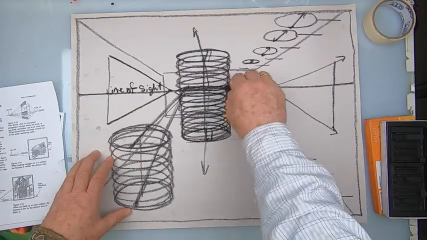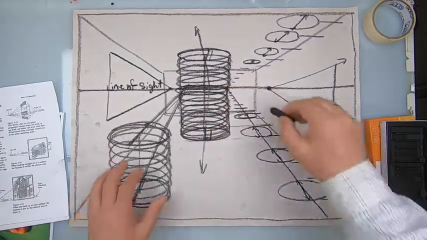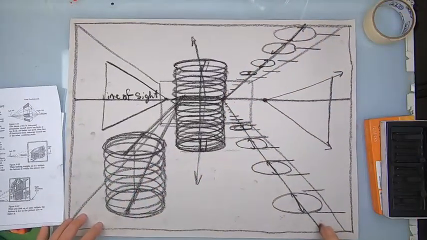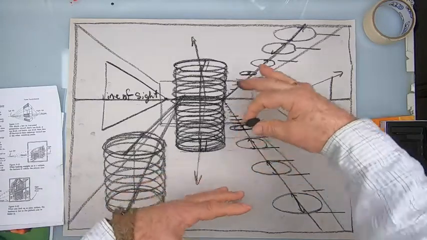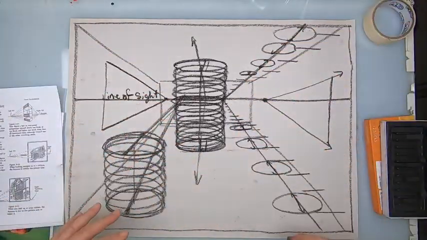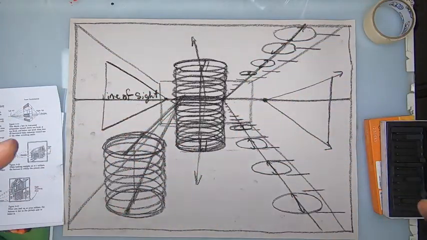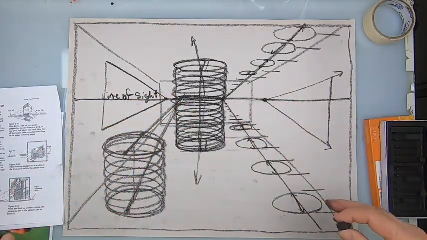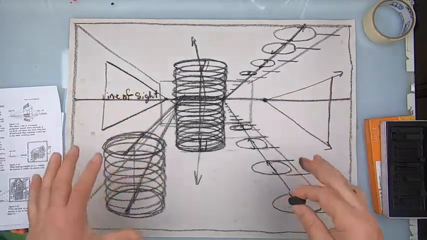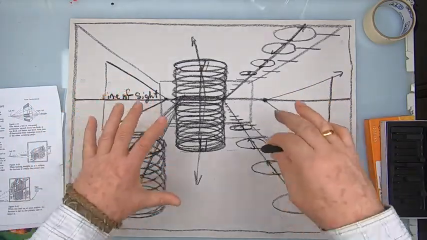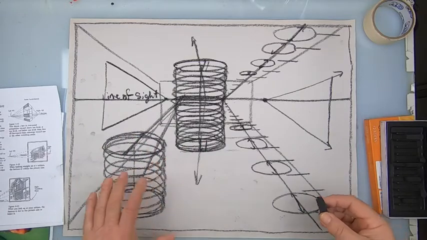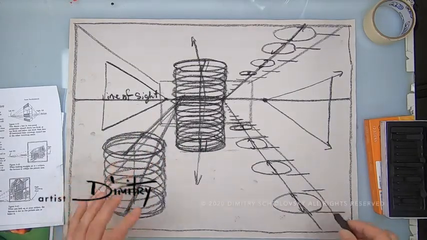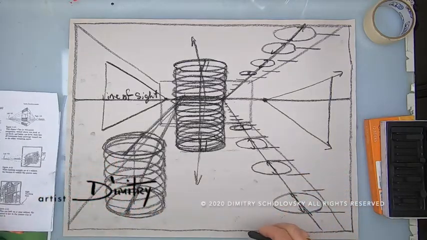All going to the infinite vanishing point. So you get the idea how the space opens up as it comes closer to us, and it diminishes as we go further and further away into the space. So you should do a drawing like this, practicing and orienting yourself with this concept, and understanding how things fit together. Okay? Very good.